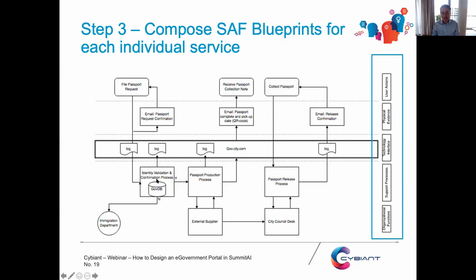At the back end, we have a number of automated processes. First of all, we need to validate the identity of the requester. We subsequently need to make sure that the passport is produced, and we need to release it. All of these things need to be written down into workflows and scripts that can be automatically delivered to users themselves. As you see, the self-service portal is the layer in between, and all forms of communication will go through that particular self-service portal.